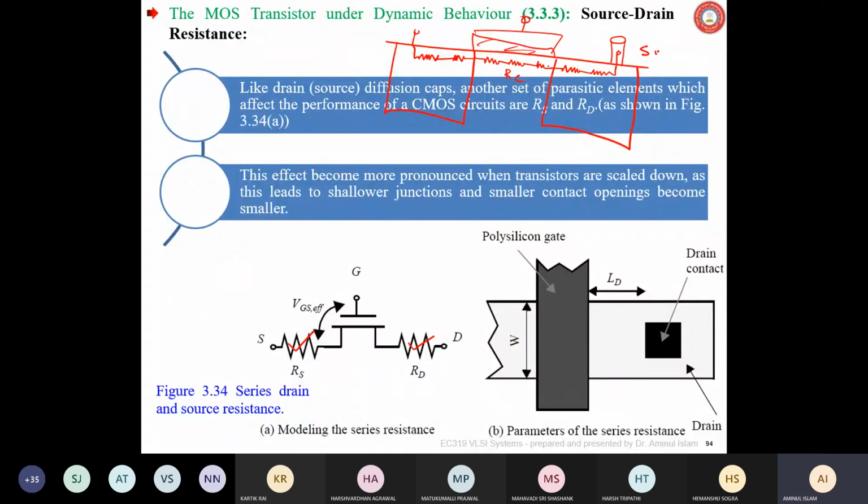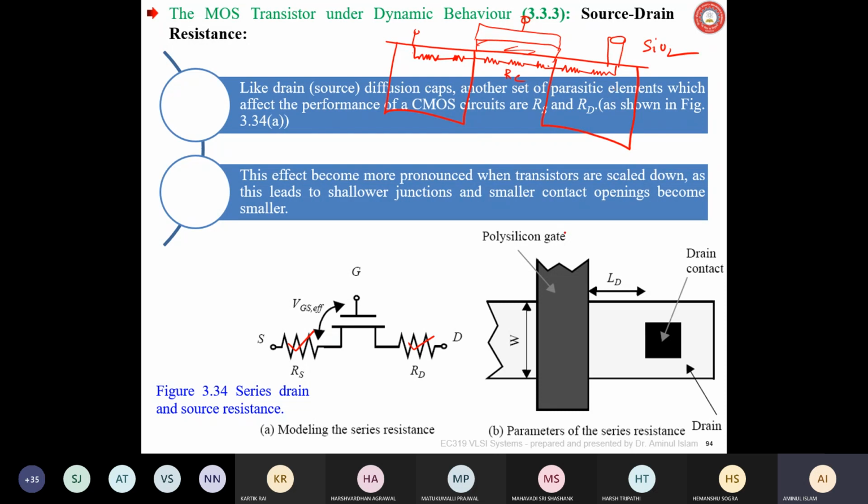This side you will have SiO2 everywhere, and you have to drill a hole, you can say.